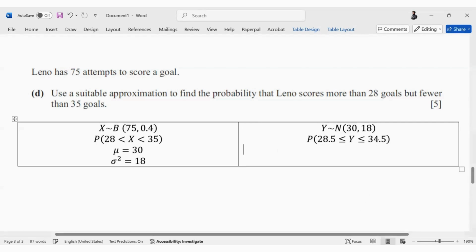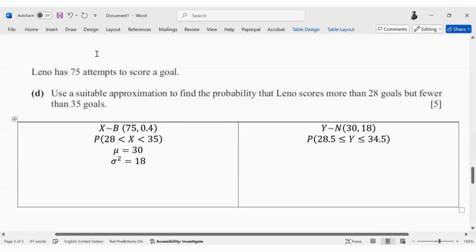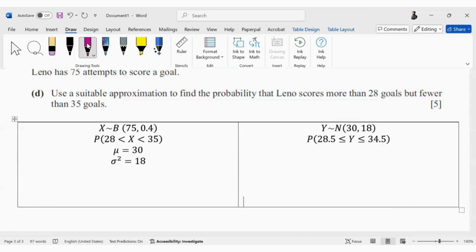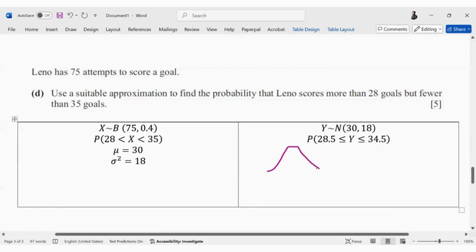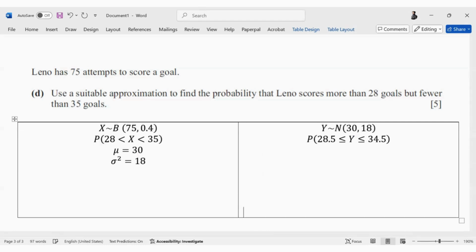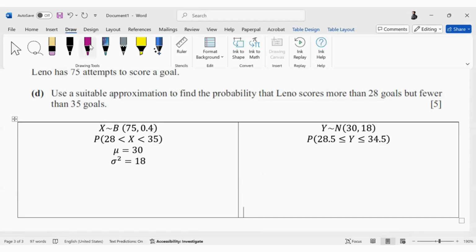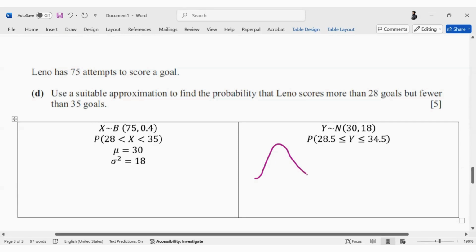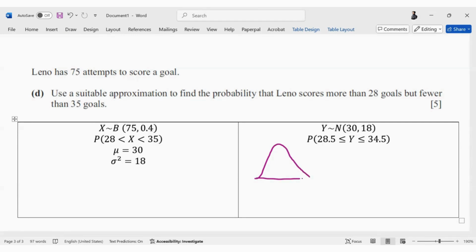Now, just making a rough normal graph, a Gaussian bell curve, will help you. So the mean is 30.